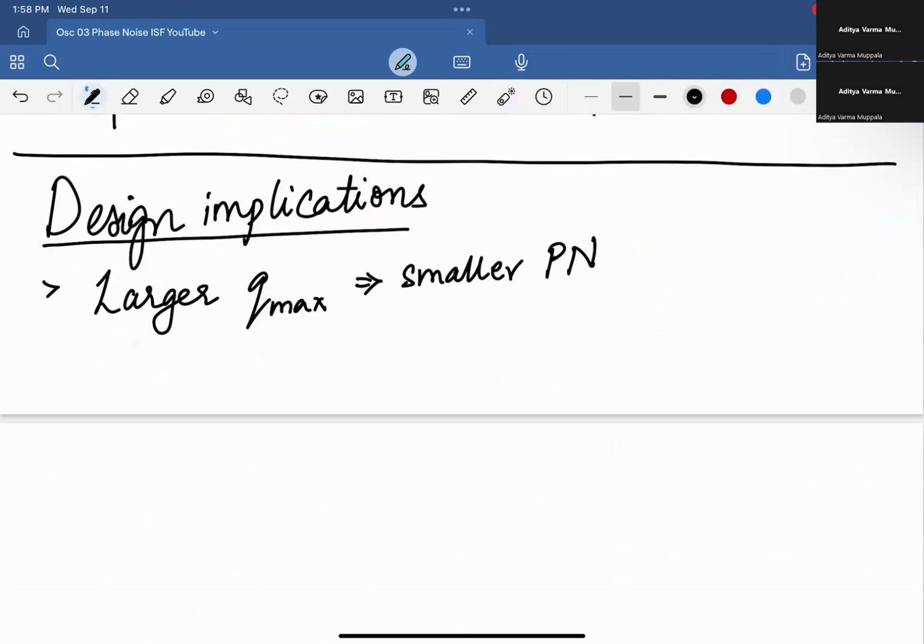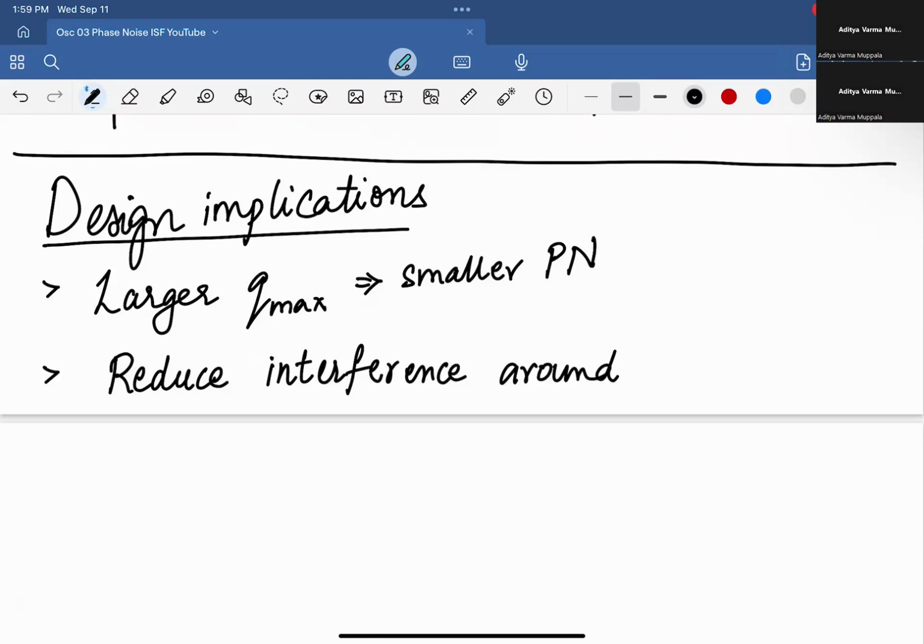That may not be always that straightforward, right? Then the next thing you would like to do is you want to reduce interference around n omega naught. So at all the harmonics of your oscillator, you want to make sure there's no interference there because that gets modulated down by all these coefficients, right?